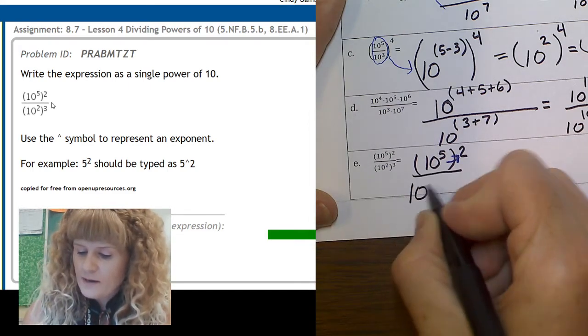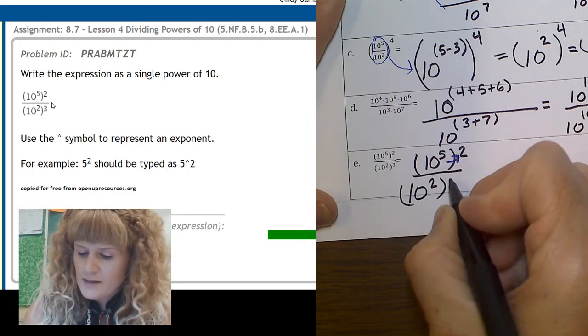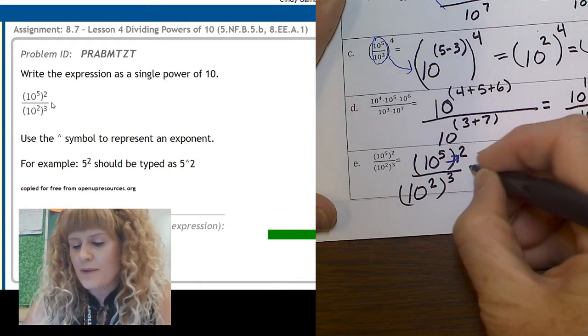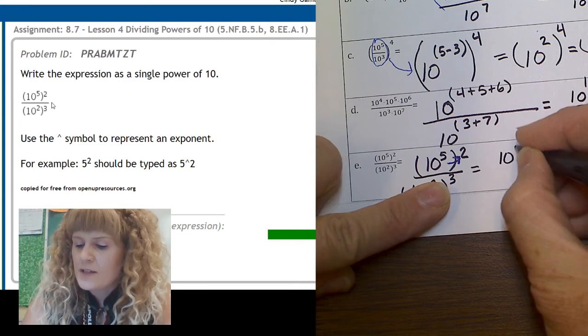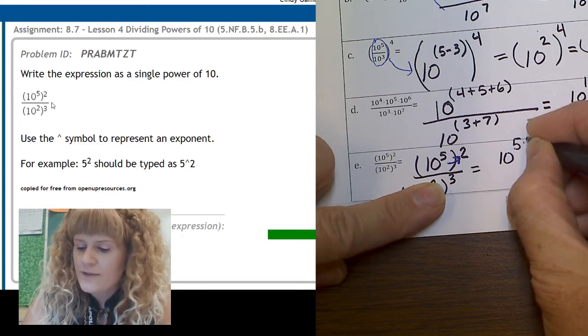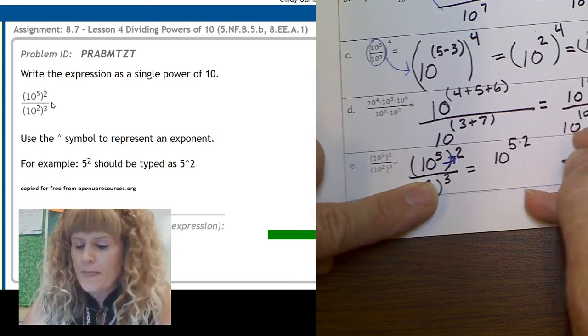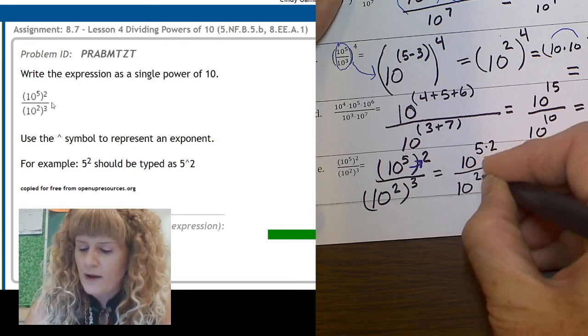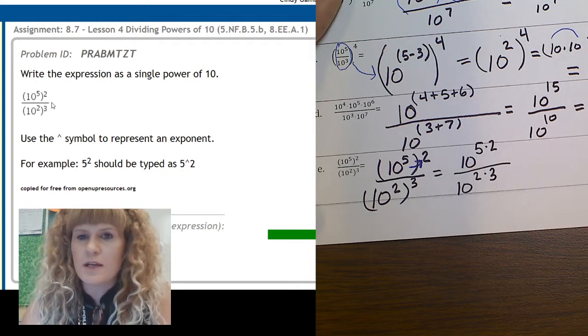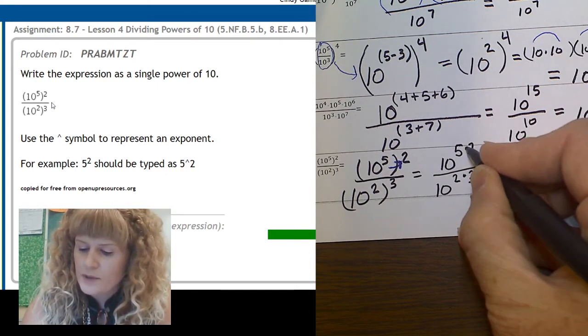And in the denominator, I want to write this out. I just love writing my math problems out. In the numerator, that equals 10 to the power of 5 times 2. And in the denominator, that equals 10 to the power of 2 times 3. The little dot is multiplication.